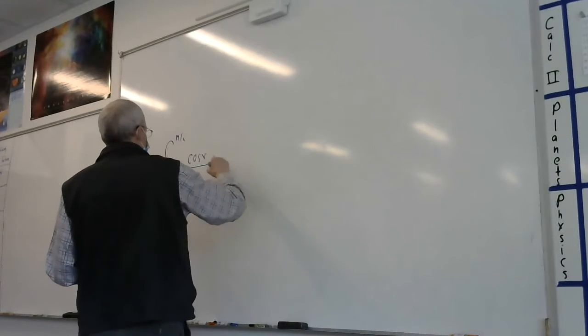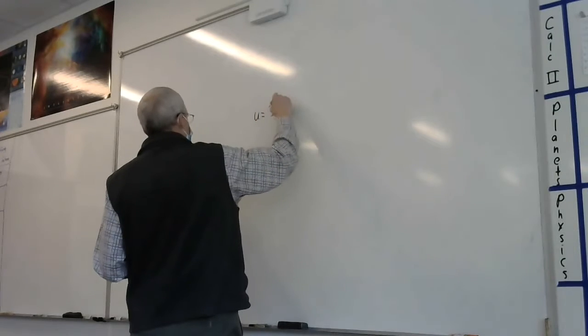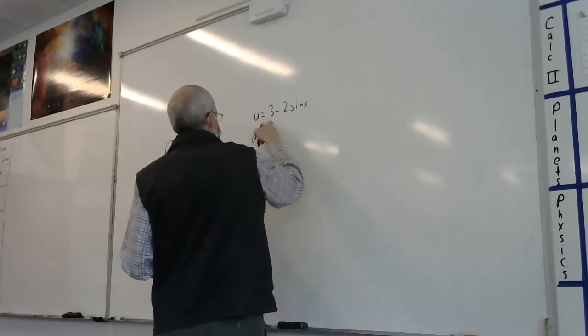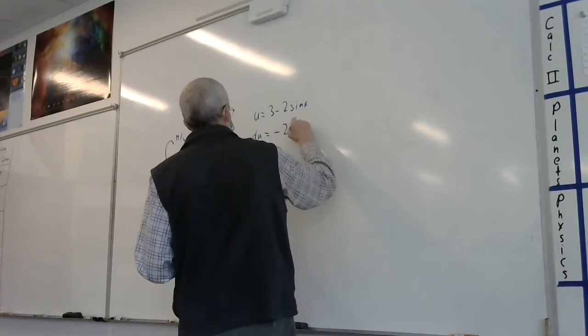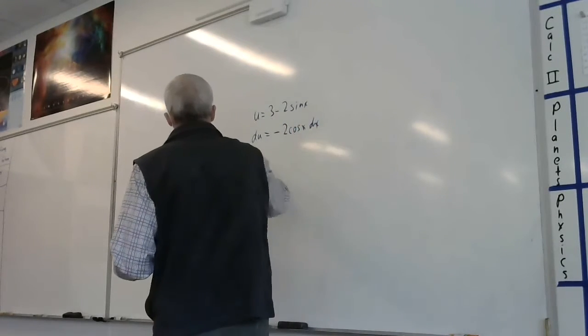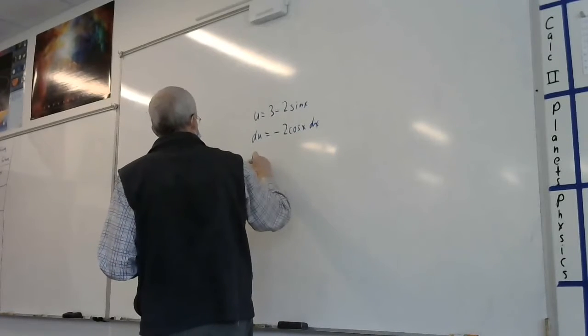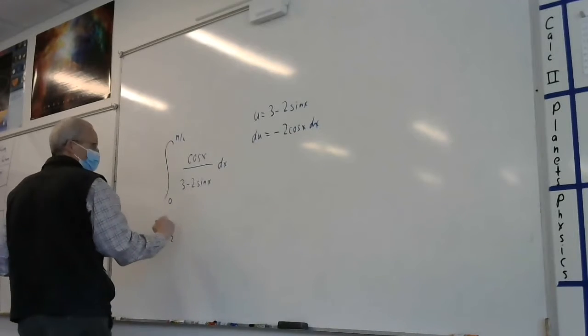So we just let u equal the bottom. u equals 3 minus 2 sine x. du, the derivative of sine is cosine, so negative 2 cosine x dx. We have a cosine x dx, we don't have the negative 2. So this just becomes negative 1/2 again.